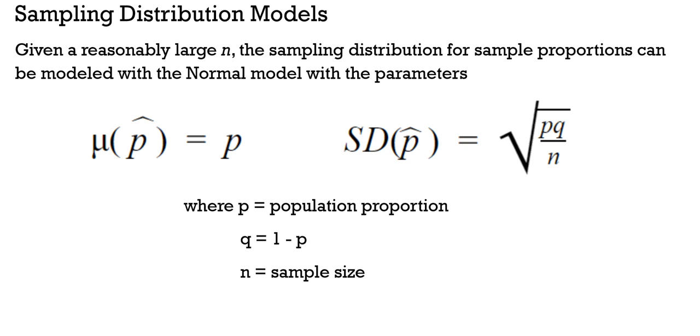What we get to say is this: if we have a reasonably large n value, and we'll talk about that later, a sampling distribution for sample proportions can be modeled with the normal model. That is so important.